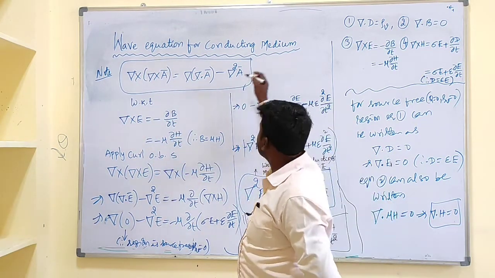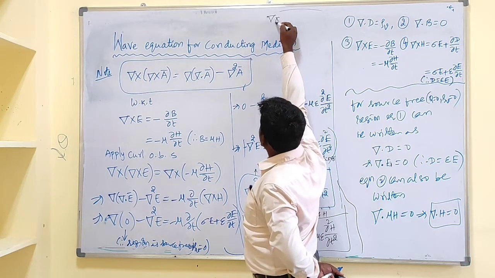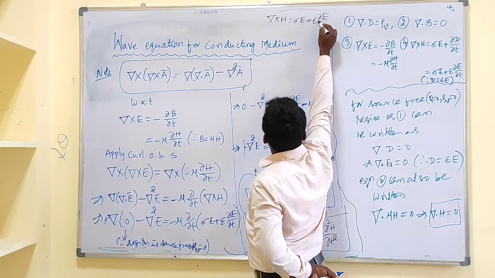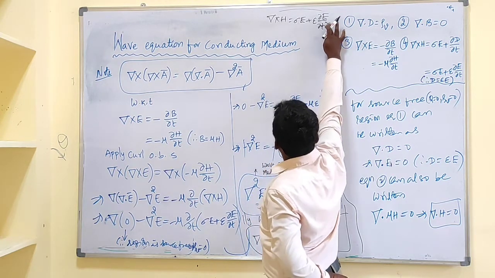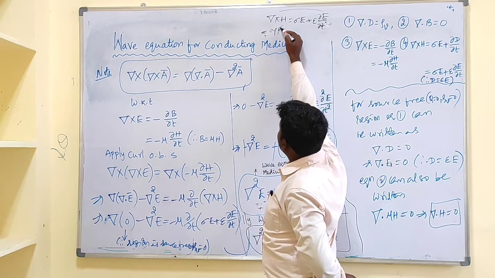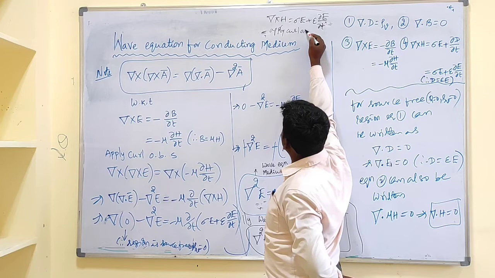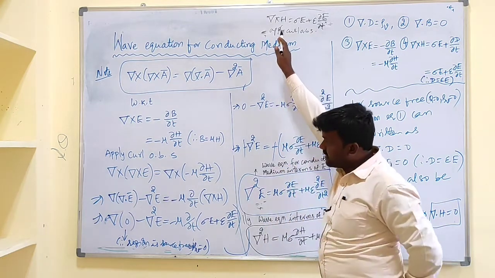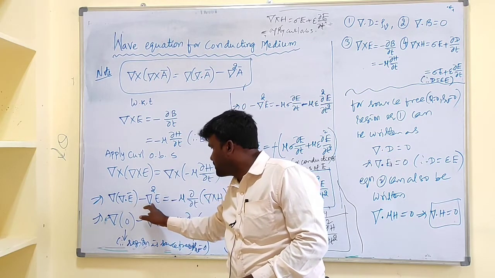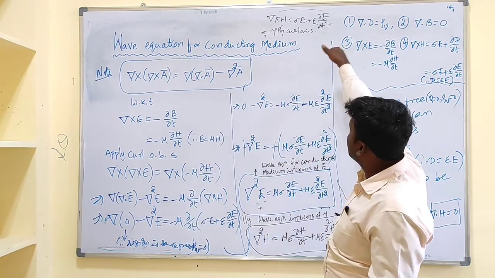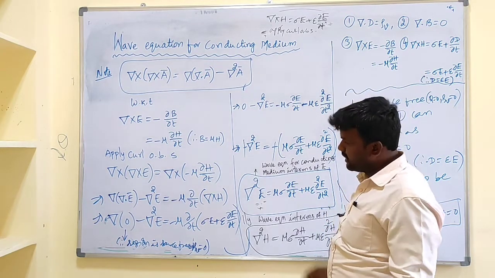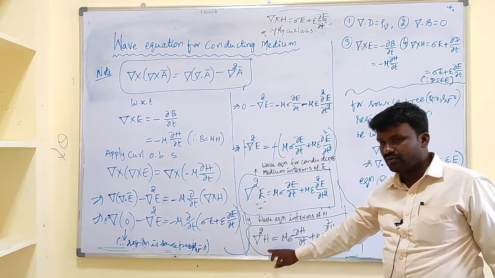If you take del cross H equal to sigma into E plus epsilon dou E by dou t, the next step is to apply curl on both sides and simplify. Del cross del cross H gives del of del dot H, which is 0, minus del square H, equal to the curl of this: del cross sigma E plus del cross epsilon dou E by dou t. After simplification you will get this one only.